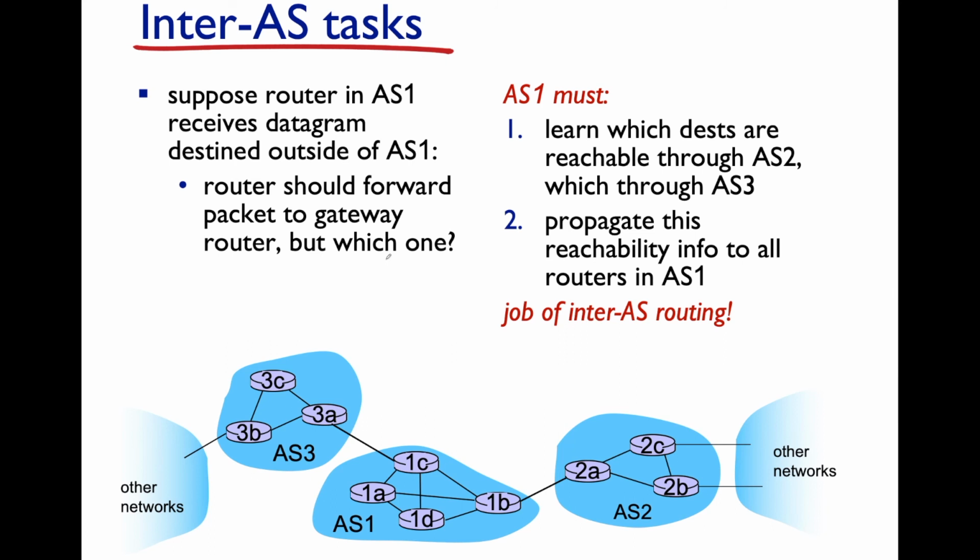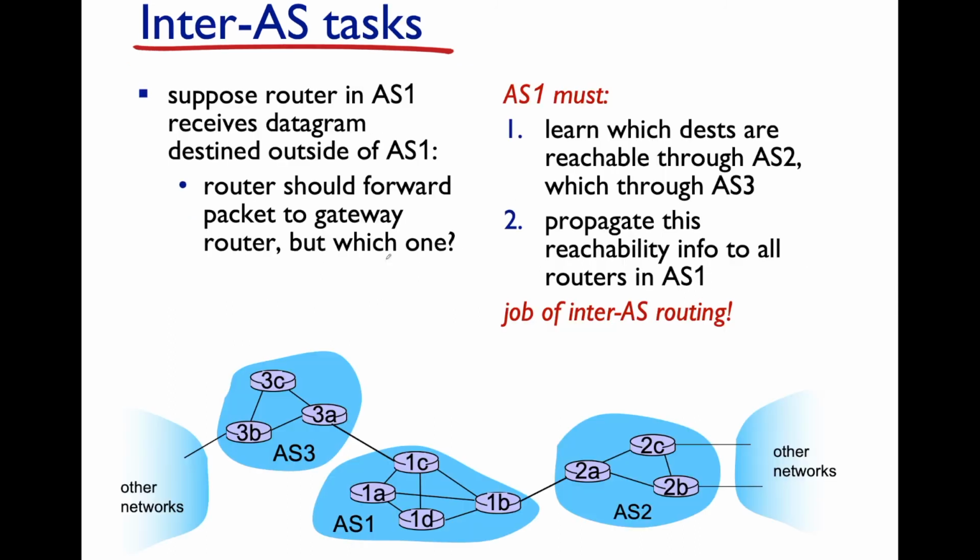Autonomous System 1 needs to learn which destinations are reachable through AS2 and which are reachable through AS3. Then it should take this reachability information and propagate it to all of the routers in AS1. That's the job of Inter-AS routing: looking at the reachability of autonomous systems outside of itself.